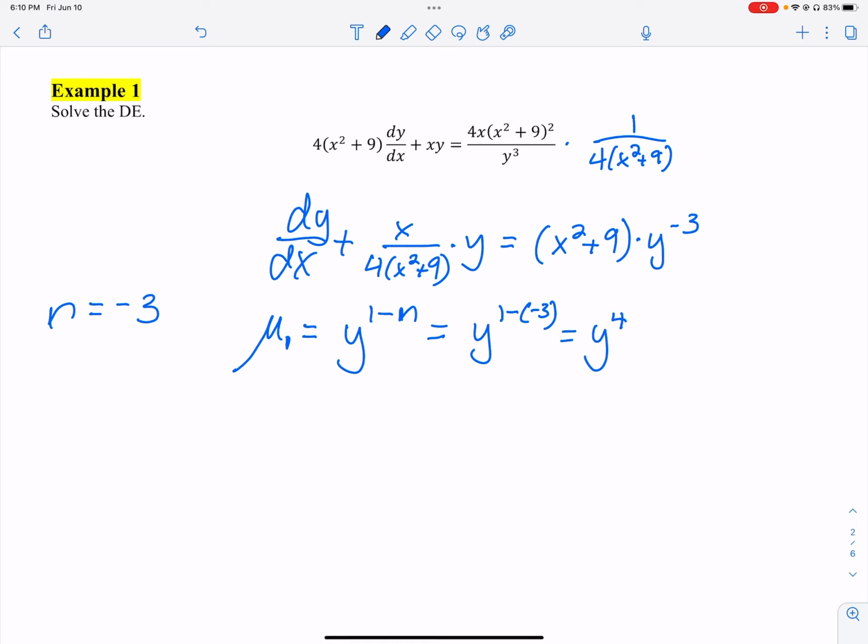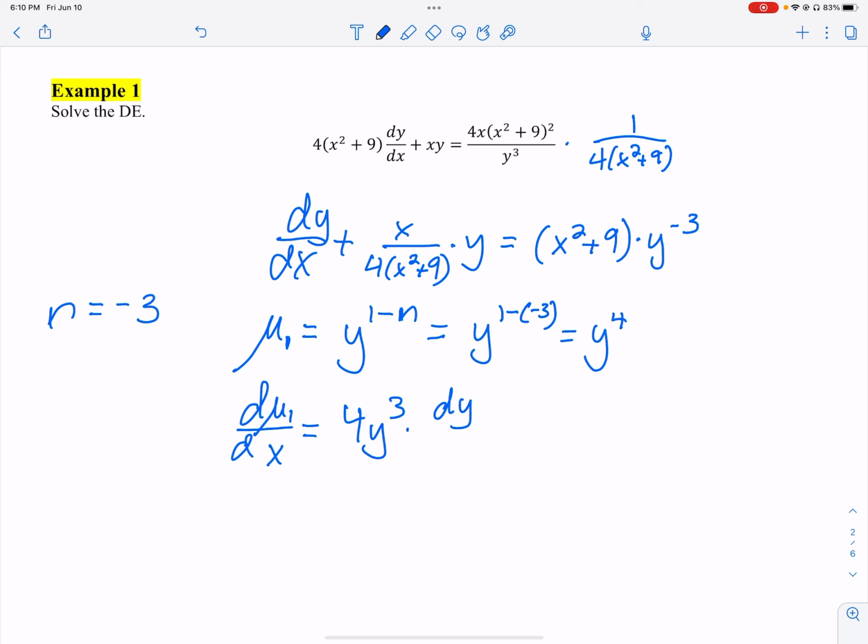Make sure we're on the same track. Mu1 is y to the 4th. Now we can take the derivative of this mu1 with respect to x, and when we do that, we get 4y to the 3rd. This is implicit differentiation.